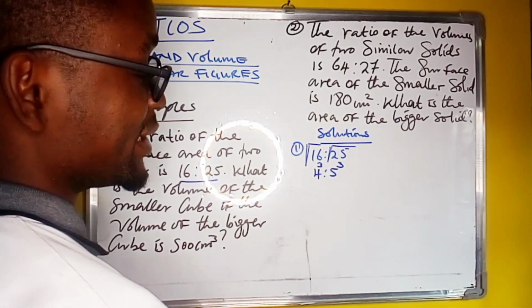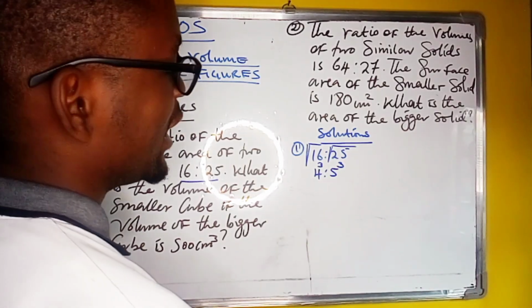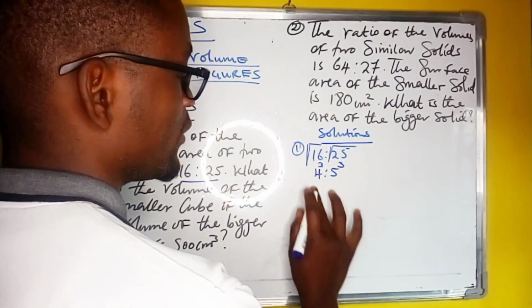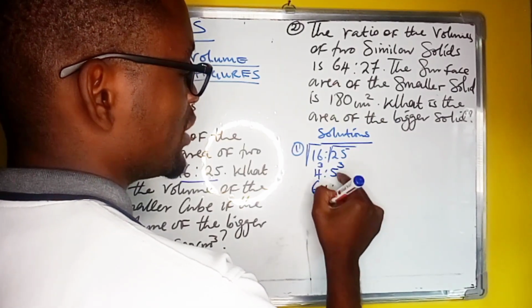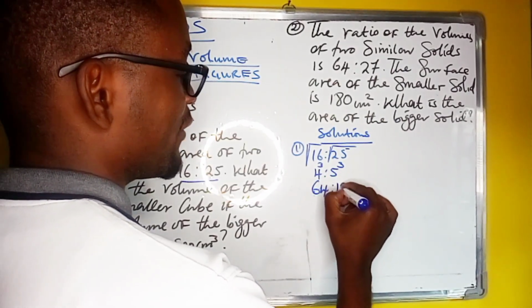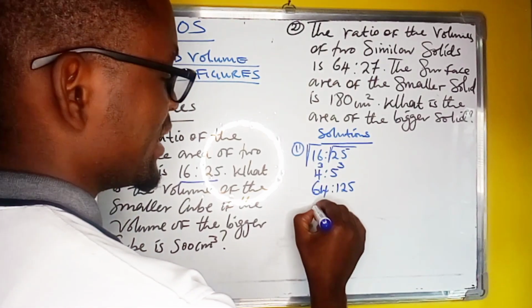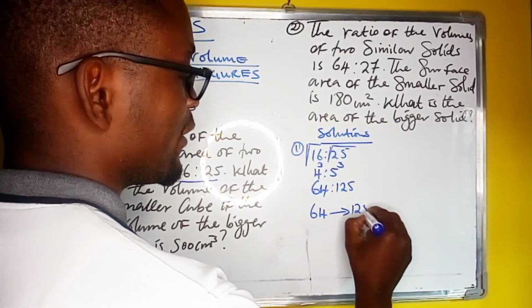That is 16, right? Then 16 times 4. That is 64. So you're going to have 64 to 5 times 5, that is 125. So once you have that, you're going to say 64 to 125.